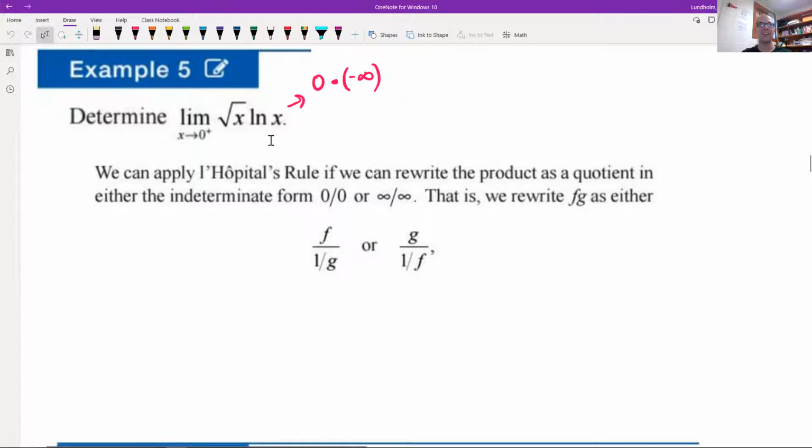When we're in this situation, eventually we're going to want to use L'Hopital's rule, but we need to write this as a quotient. Probably the easier one to put on the bottom would be the square root of x.